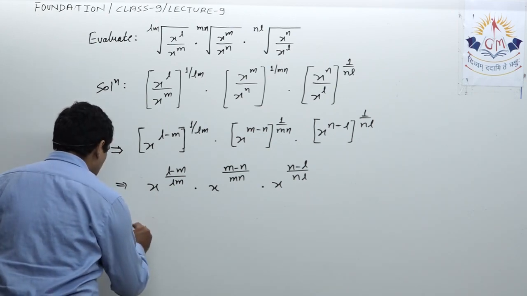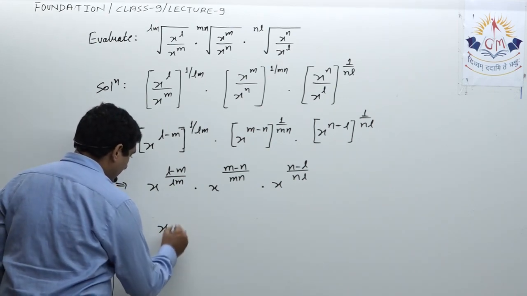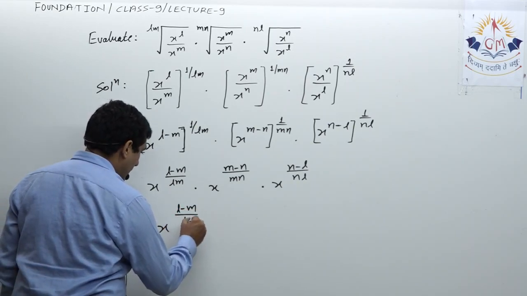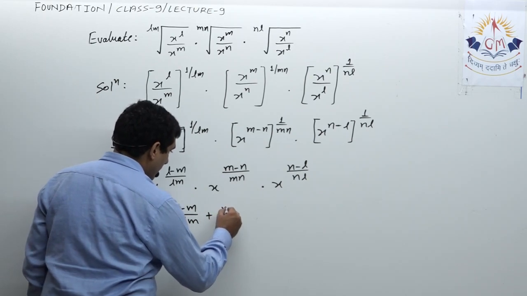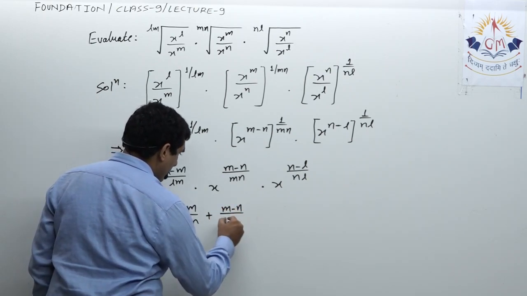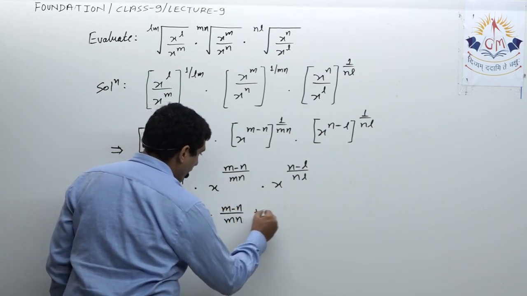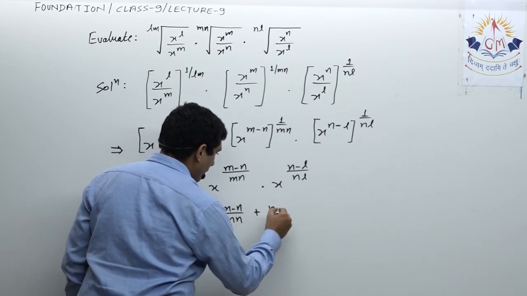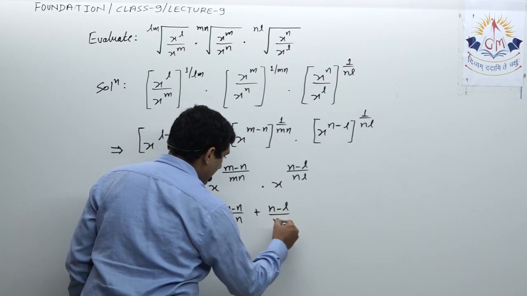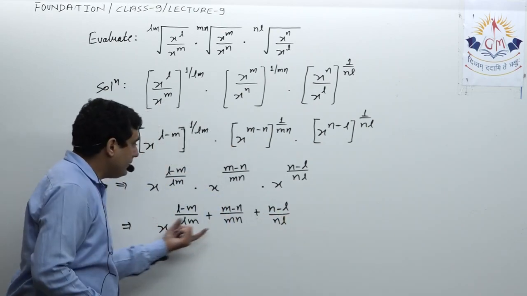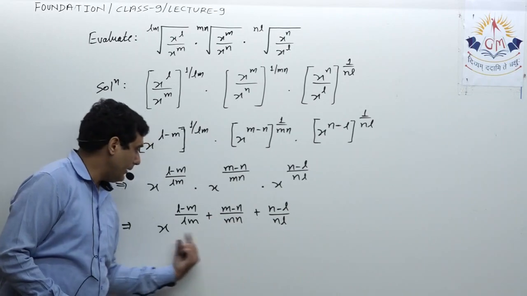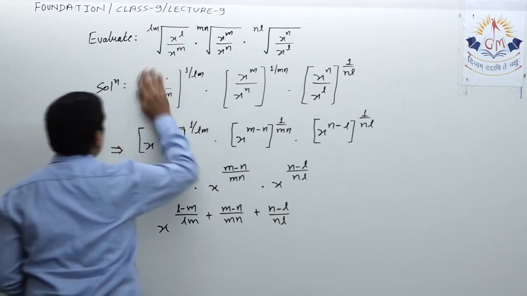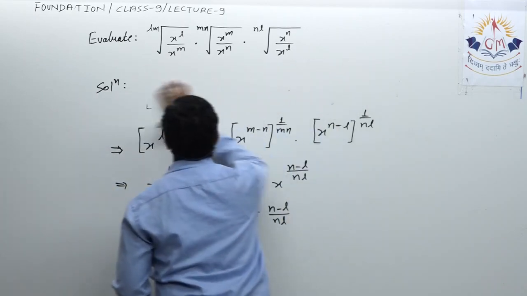Okay, so now there are two ways, but first of all I can definitely write this as L minus M upon LM plus M minus N upon MN plus N minus L upon NL. Now I can add these terms by taking LCM, LMN, or there is a better way. Let us see how we can solve it another way.